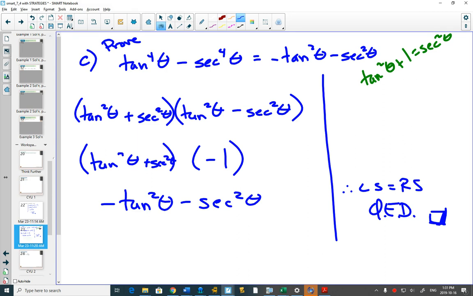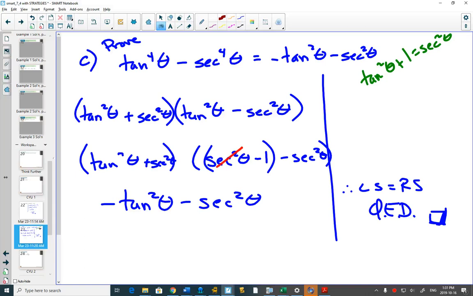Now, if this jump is too much for you, you could say, I know that tan squared is secant squared minus 1. So I could replace the tan squared with secant squared minus 1.